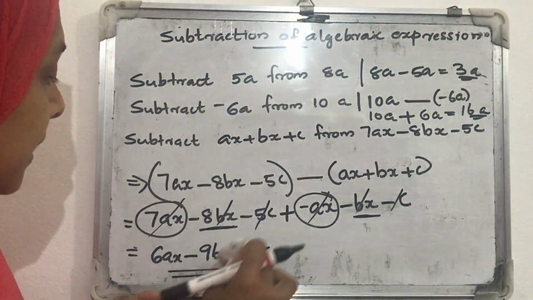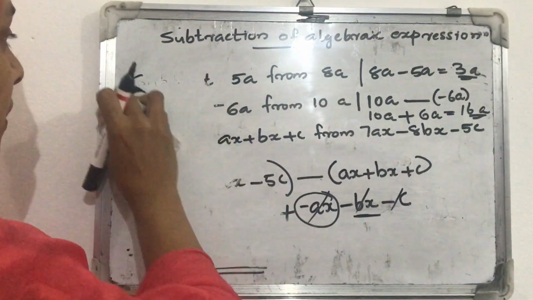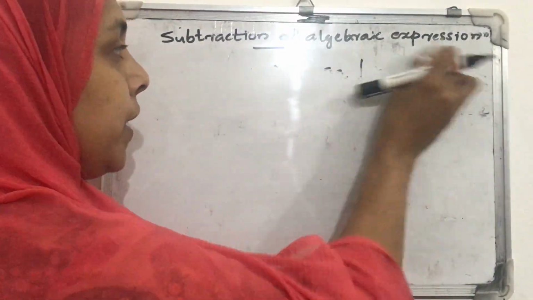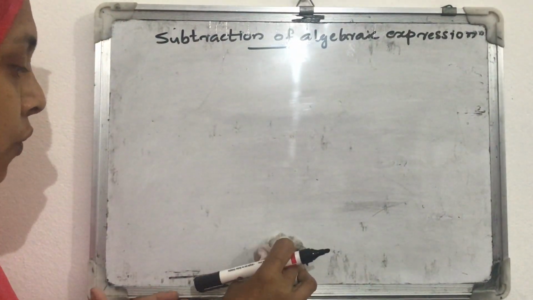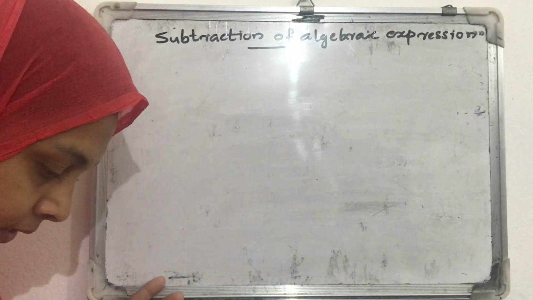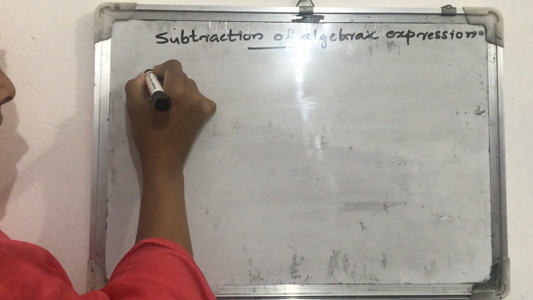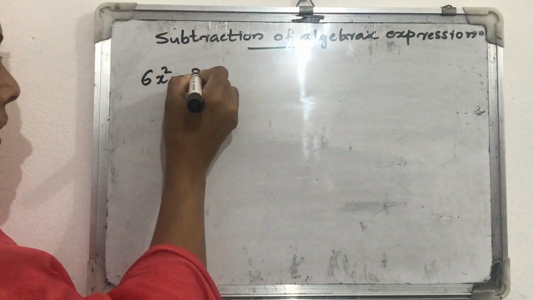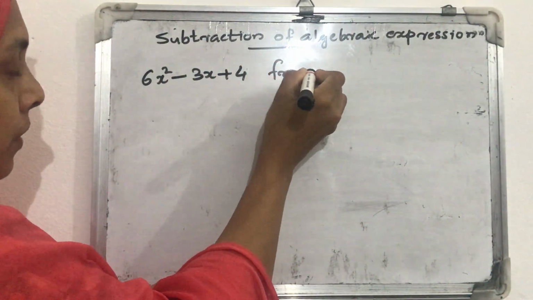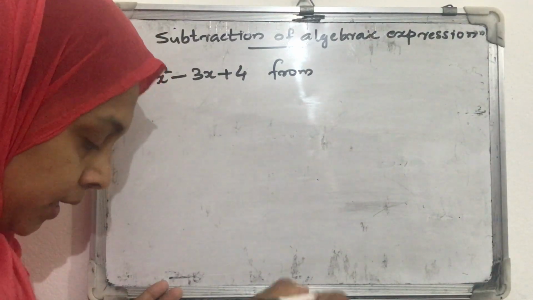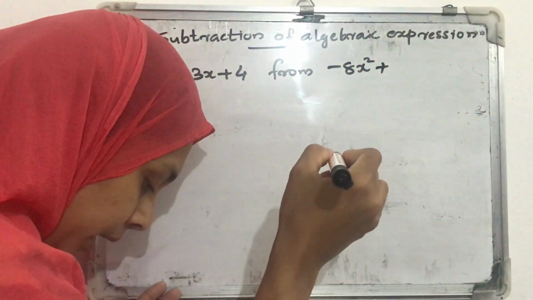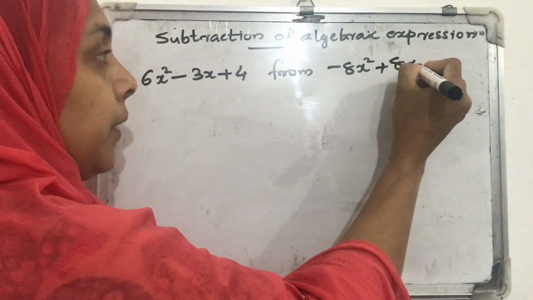If you know the rule of subtraction of integers, the same rule we can follow in the subtraction of algebraic expressions. Another question: subtract 6x square minus 3x plus 4 from minus 8x square plus 8x plus 1.